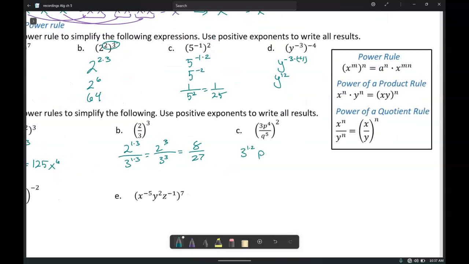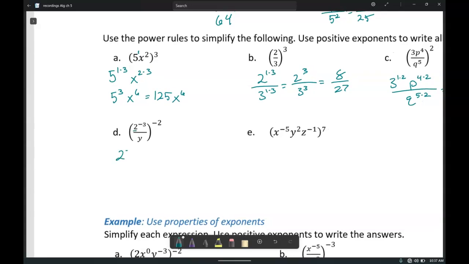3 squared, p to the 4 times 2, q to the 5 times 2: 9, p to the 8th over q to the 10th.